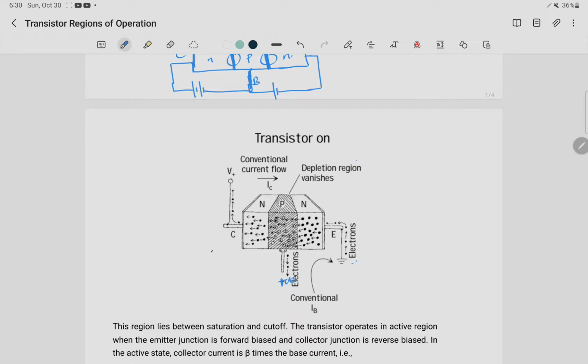You find that this side here is forward biased, and so electrons will easily cross to the base. But now this side has a greater voltage V plus than the base voltage.